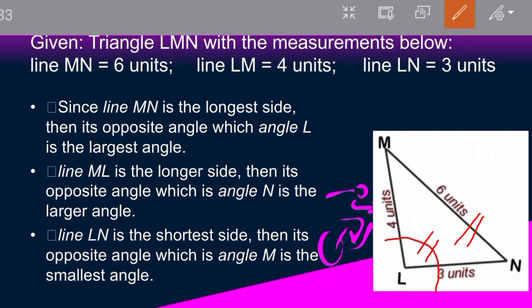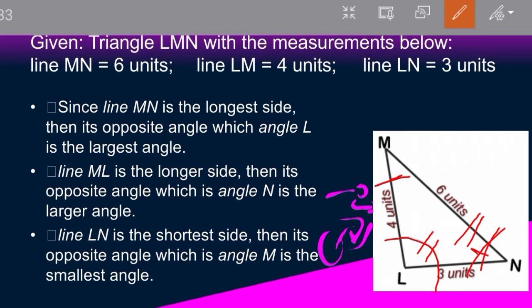Next, line ML, which has 4 units, is the longer side. Then its opposite angle, which is angle N, is the larger angle.